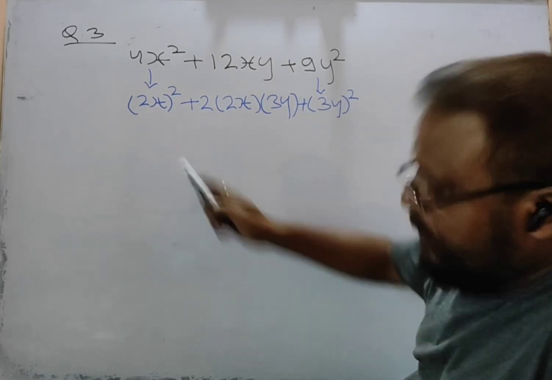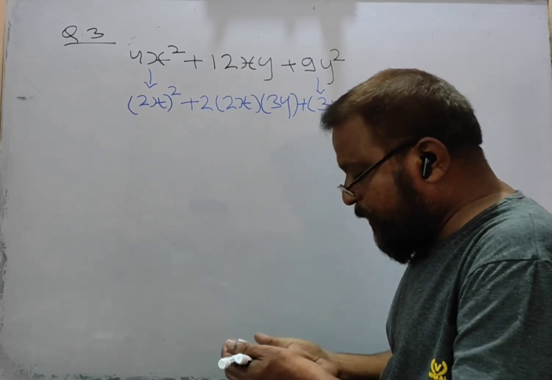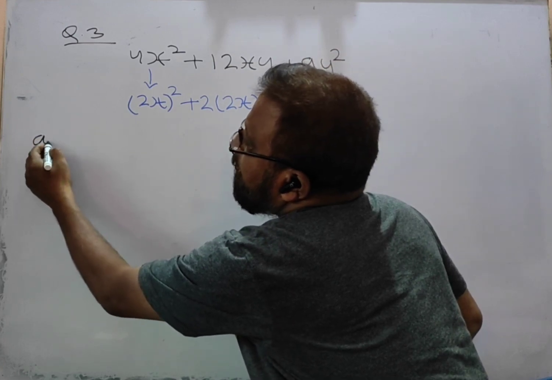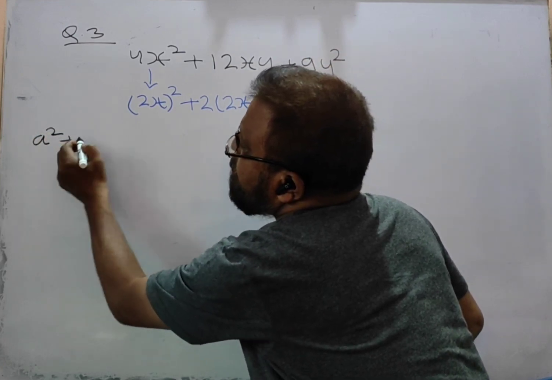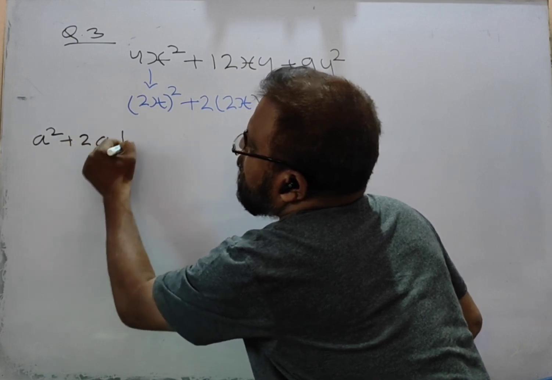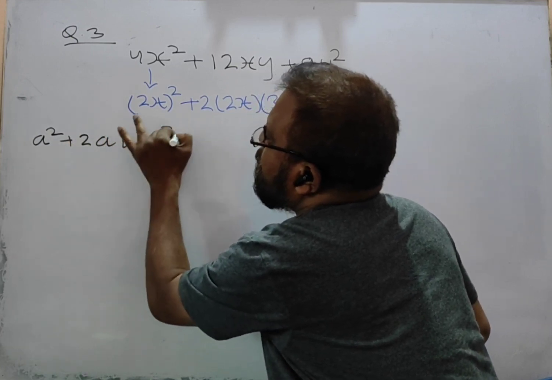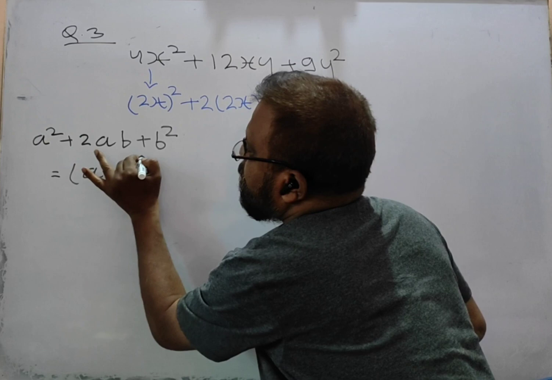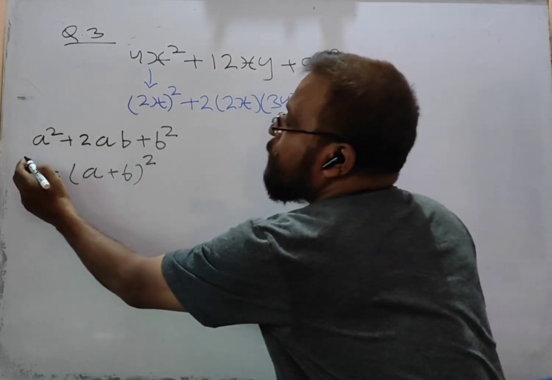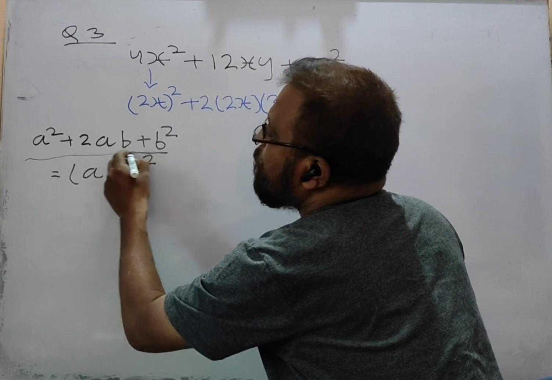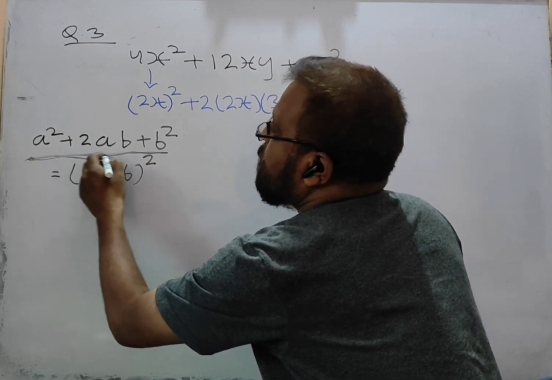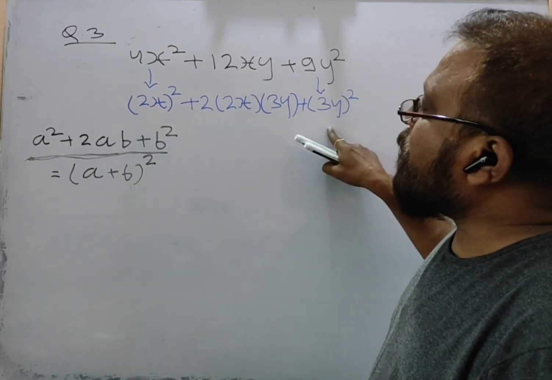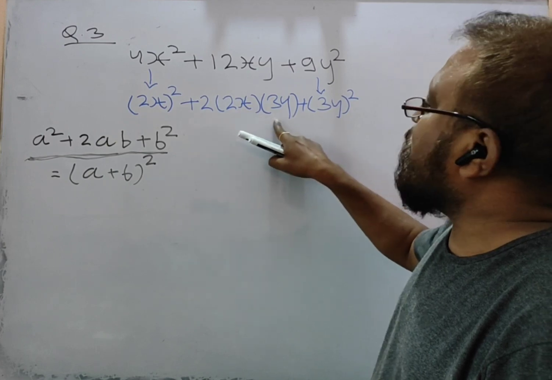After that, there is a formula we studied earlier: a square plus 2ab plus b square is equal to a plus b whole square, right? So I wrote this whole equation in this format: this is a square, this is b square, and this is 2ab.